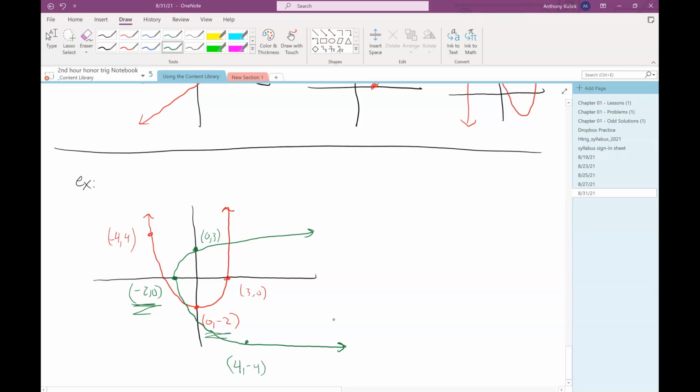Not a function. If I look at f, what else was f not? It's not one-to-one. It's also not onto.